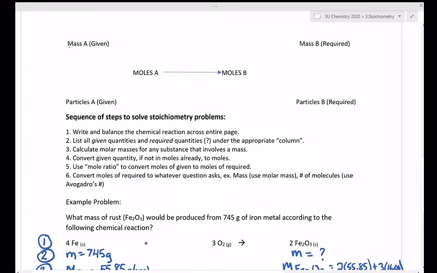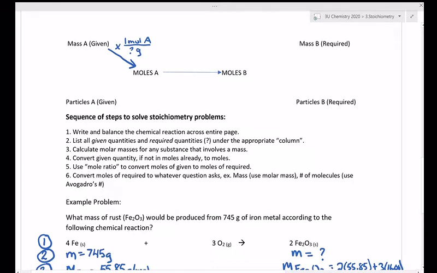If you are given a mass of something, you totally must turn it into moles of that substance. So in order to do that, you are going to multiply by the molar mass, and of course you're going to set it up with grams on the bottom because you are trying to get rid of grams. So I'm putting question mark grams because this is just A. I have no idea what A weighs.